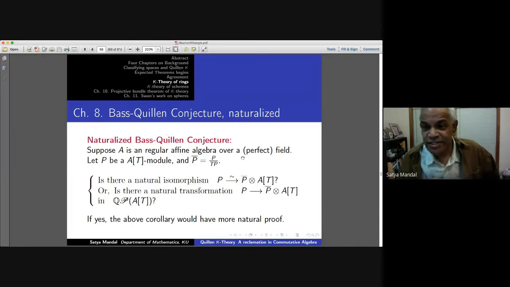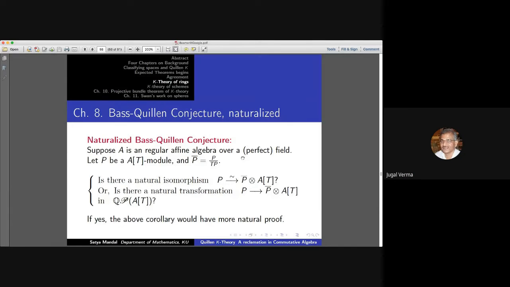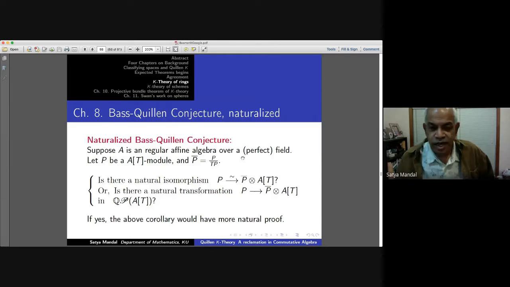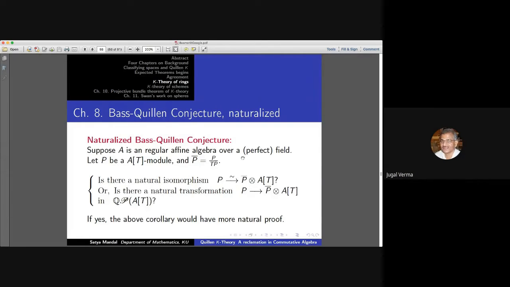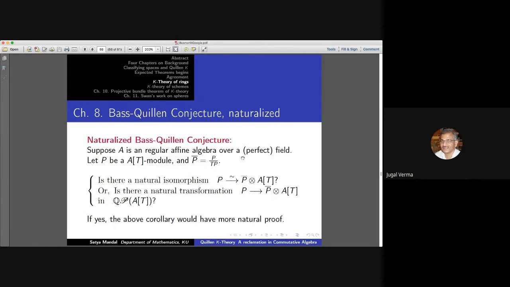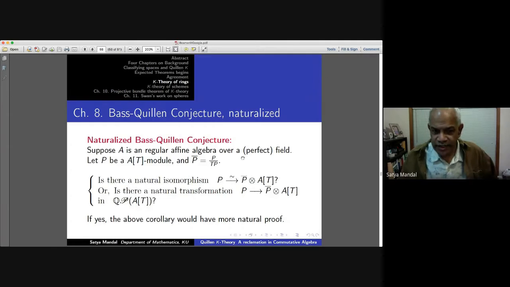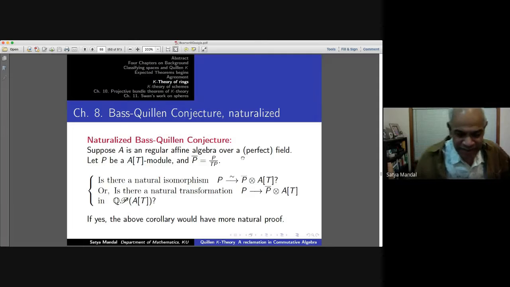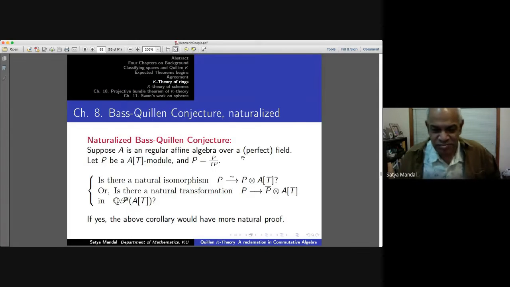Yeah, any question? Satya asks, the tensor is over what ring? The tensor product is over which ring here? Of course A. P bar is P mod TP. So you have a projective module over A[T], and we know that P is isomorphic to P bar tensor A[T]. I assume everybody knows projective modules.